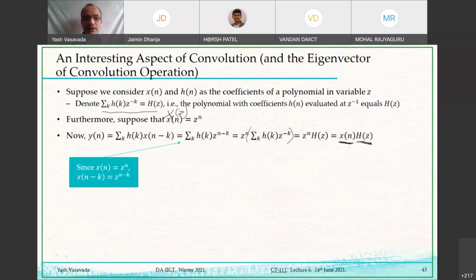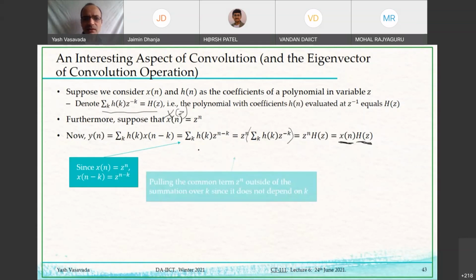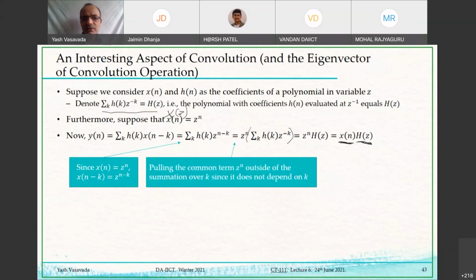The first equality came by simply substituting the expression of x of n in the formula for convolution. The second one came because you can pull out z to the n. It is a common term in this summation over k.